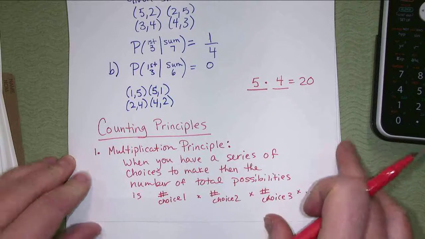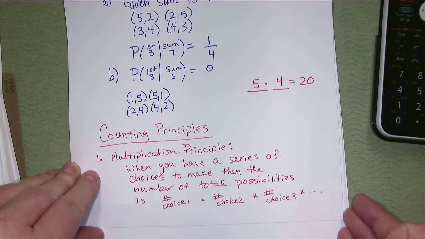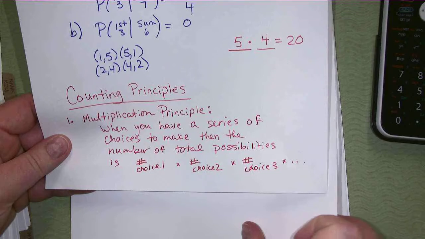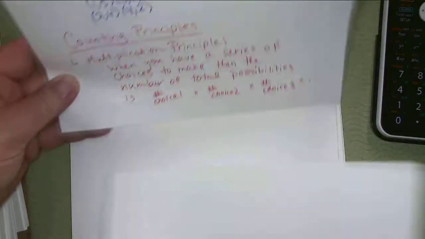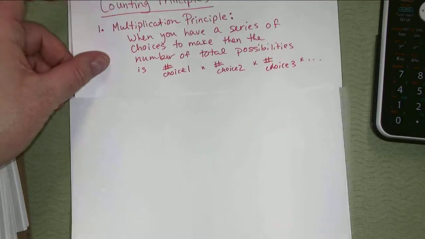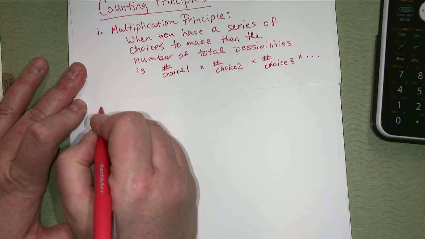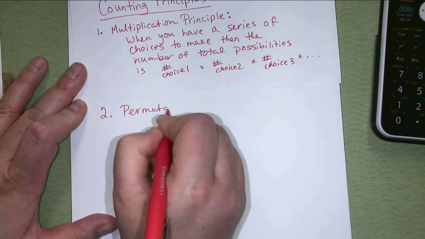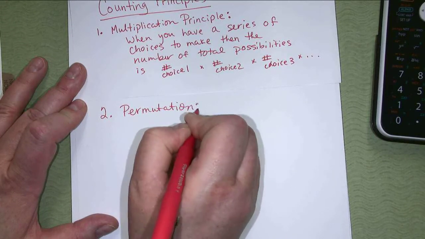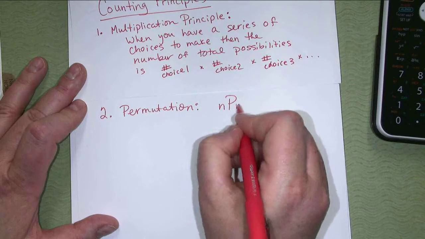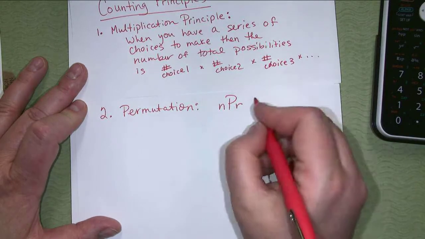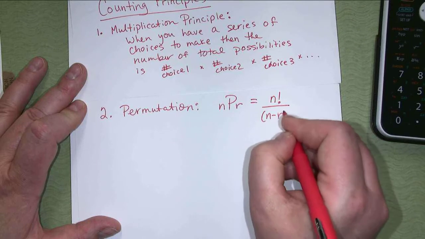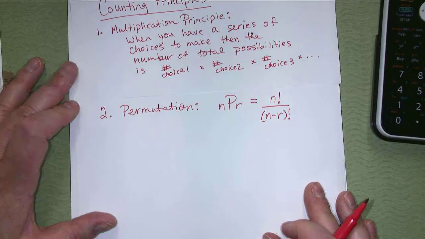Then the second is permutation. There's a button on our calculator for that, and there's a formula.